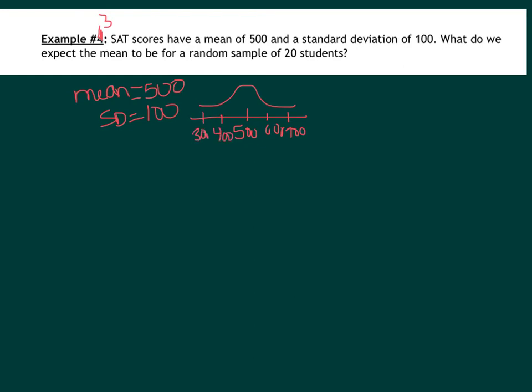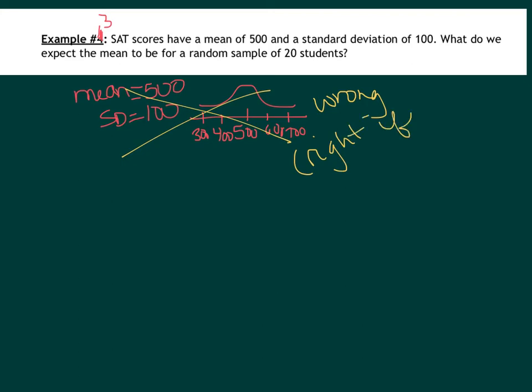Unfortunately, that is not right. Plus, it's super messy. So this is extremely wrong. Now, this would be right if there was only one student that you were looking at. Unfortunately, we are looking at a sample of 20.